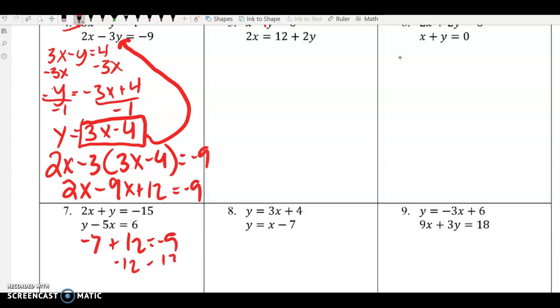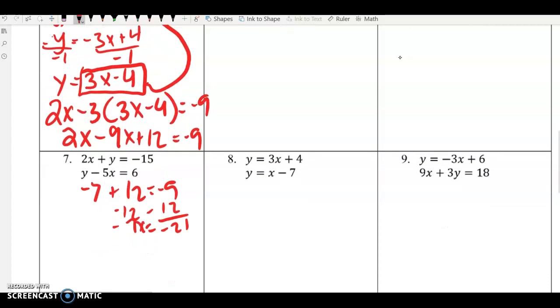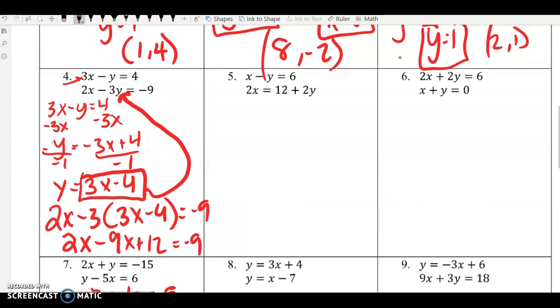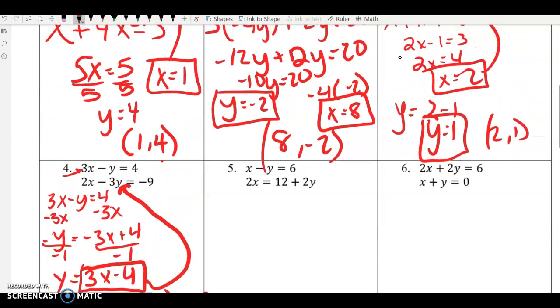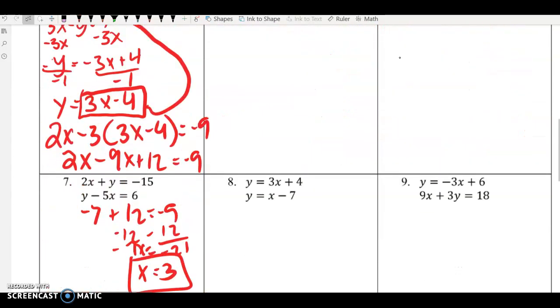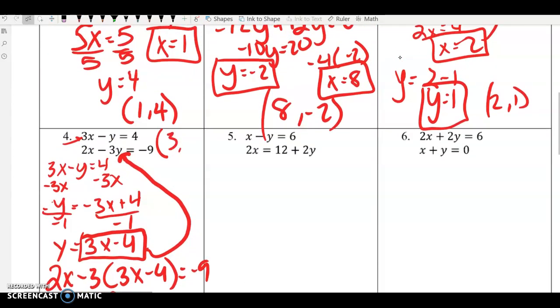If I subtract 12 on both sides, I get negative 21 is negative 7x. So x has to be 3. Plug back in. 3 times 3 minus 4 is y. So 3 times 3 is 9. 9 minus 4 gives me 5. So I know y has to be 5. Ordered pair then would be 3, 5.